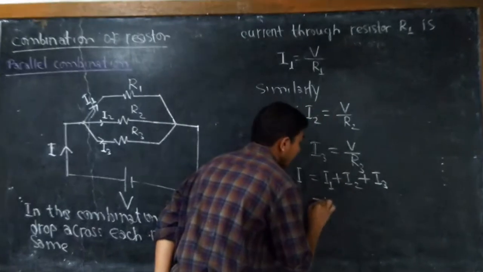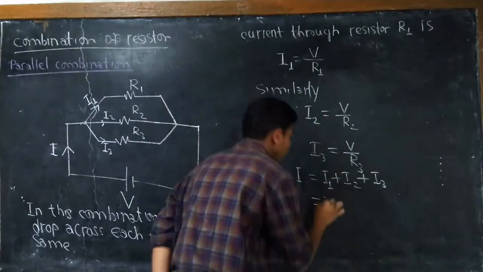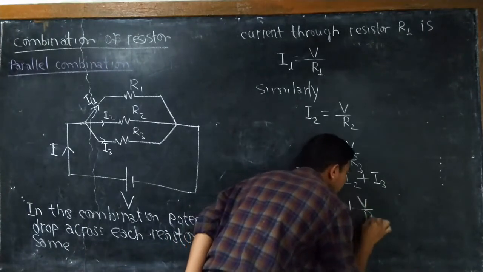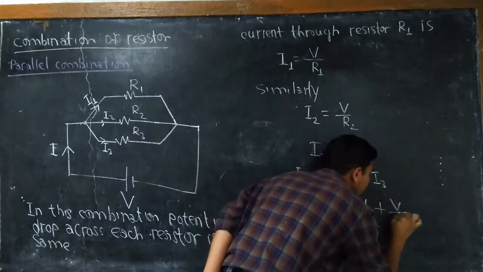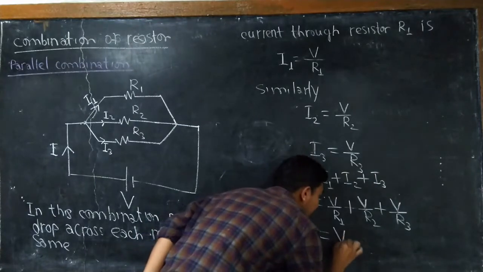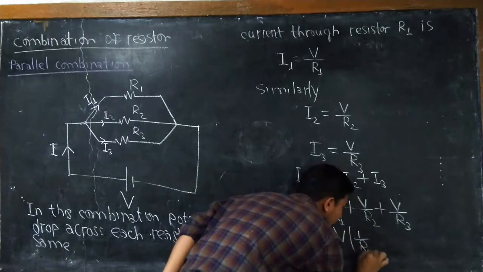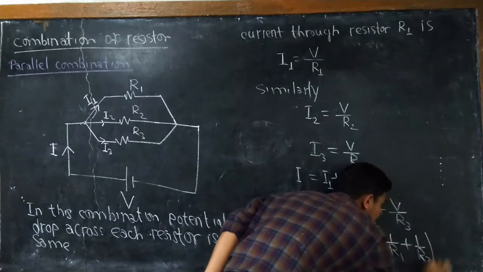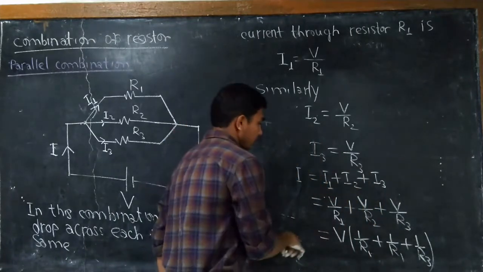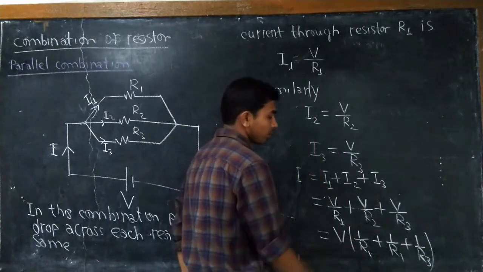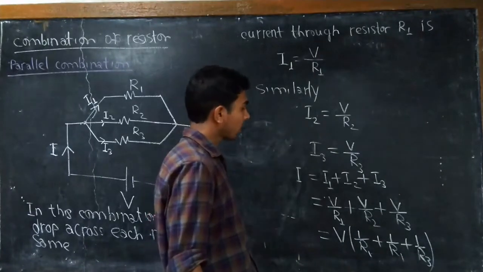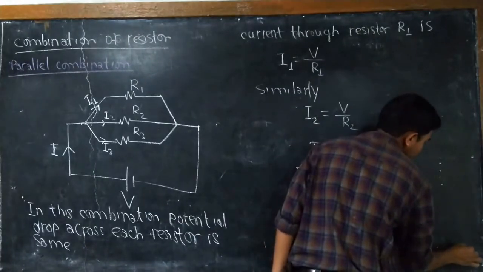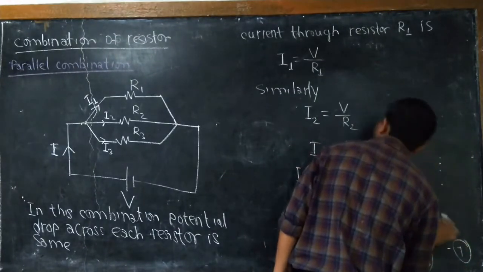And I1 is V by R1, this is V by R2, this is V by R3. Further we can take V common, so you have I is equal to V into 1 by R1 plus 1 by R2 plus 1 by R3, right? So suppose this is your equation 1.